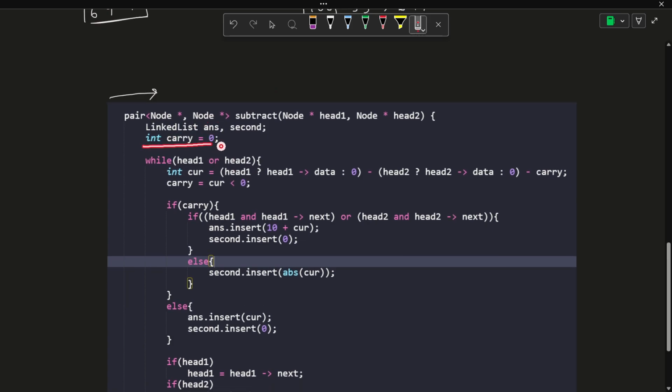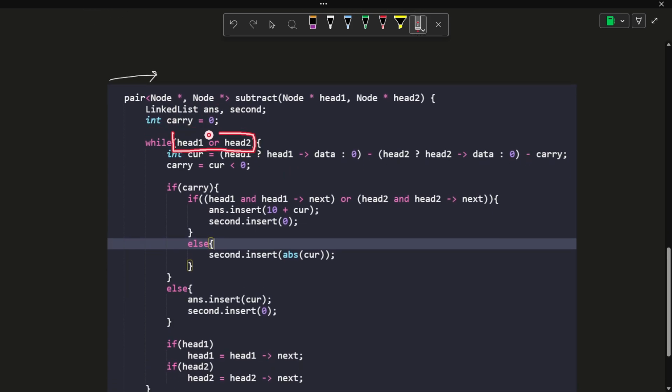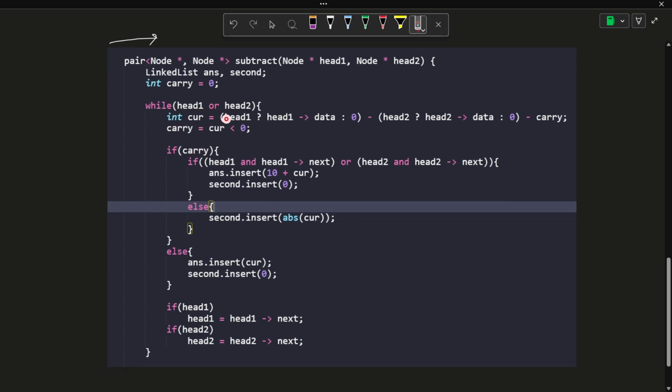So initially the carry is 0, while head 1 or head 2, that basically means if either head 1 is not null pointer or head 2 is not null pointer, then I am going to enter this loop. When both of them become null, I am going to exit. Now what I do, current is equal to head 1 minus head 2 minus carry. So why this complex sequence of letters? You see that I only can calculate the value of head 1 if it is not null pointer.